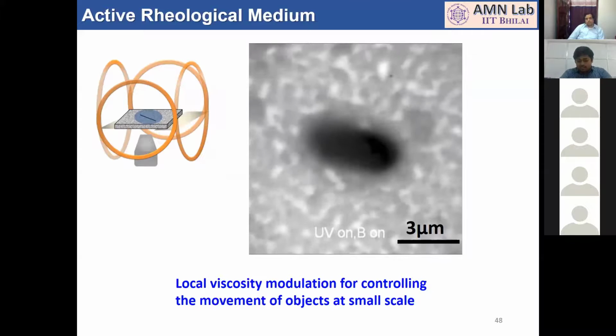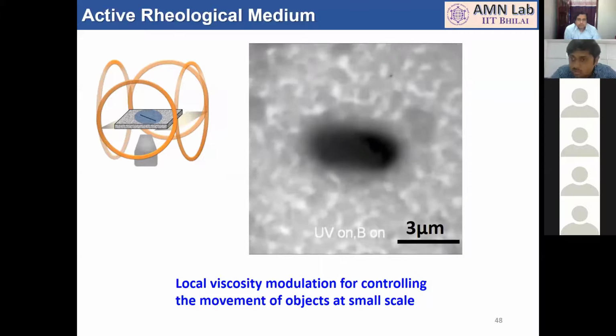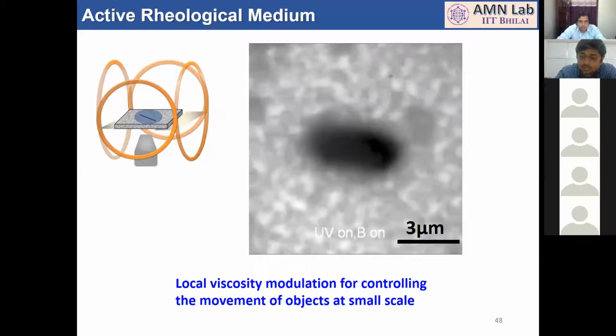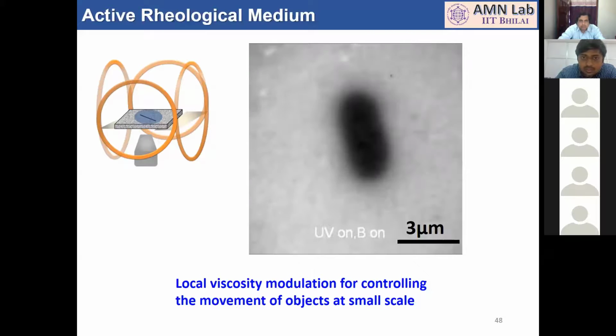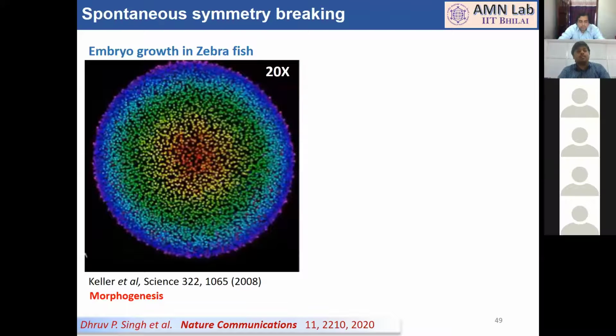So this is the experiment that demonstrates how, by changing the local viscosity of the medium, we can control the rotation or motion of objects at the small scale or in microfluidic channels. So this was all about the concept and applications of dynamic assemblies governed by nanomotors. In the next part, I will show you some interesting results.